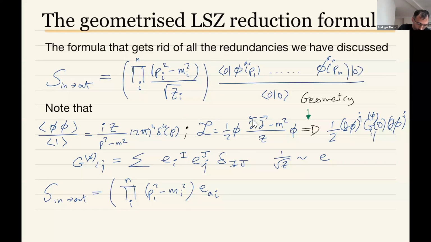So the correlation function of phi hat will be the Riemann normal coordinate phi hat A1 through phi hat AN. As simple as that.